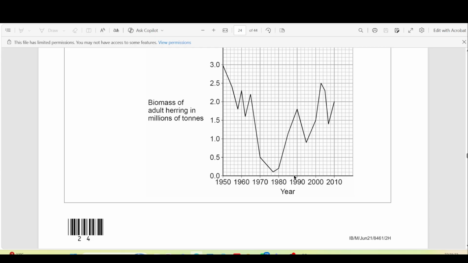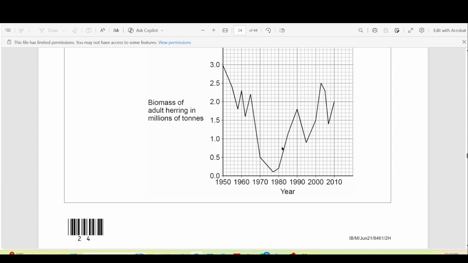At 1990, yes. So you have to basically write that around 1977, biomass nearly became zero. So North Sea laws, the ban, were introduced. Then it caused recovery after or around 1980.